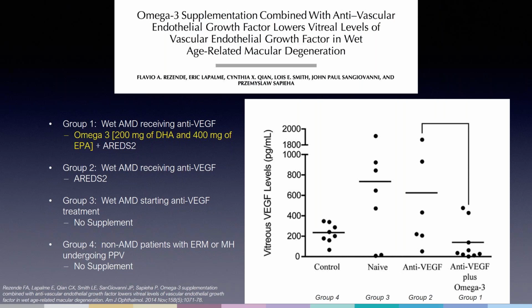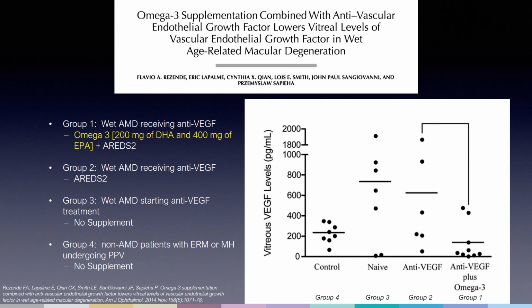But the really dramatic column on the right shows what happens when the anti-VEGF is supplemented with omega-3. You can see not only is there a reduction in the VEGF levels in that group, but it is superior and statistically significantly better than anti-VEGF alone when you add the omega-3. Now, admittedly, this is a study in AMD, but I think the take-home message here is that anti-VEGF therapy does affect VEGF levels in the vitreous, and we see that from this study.